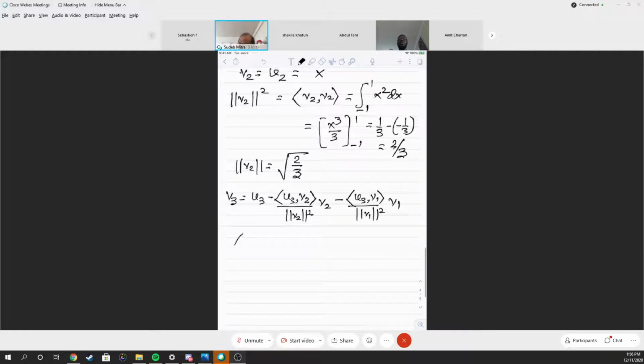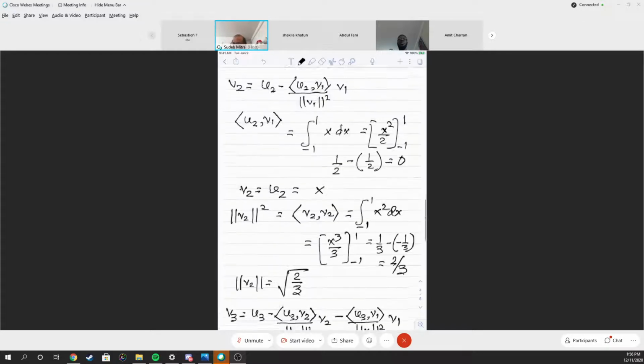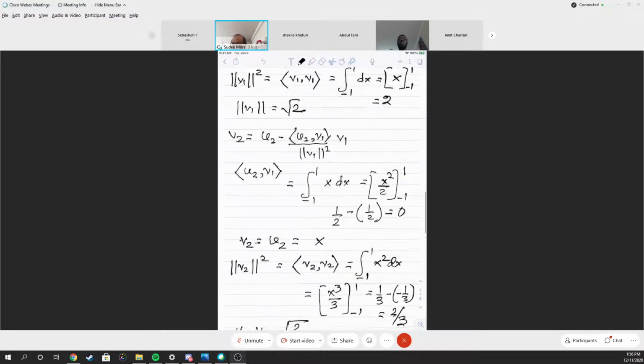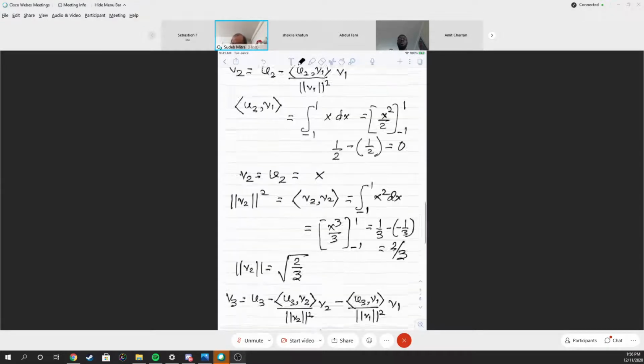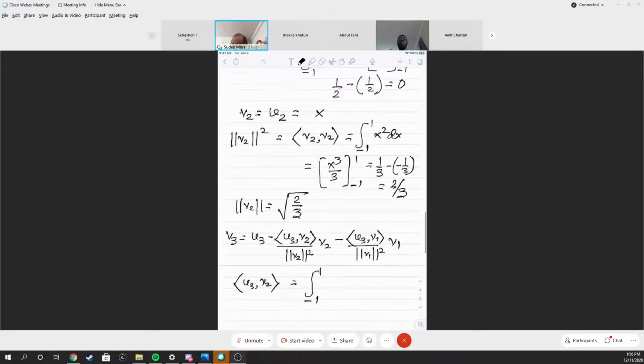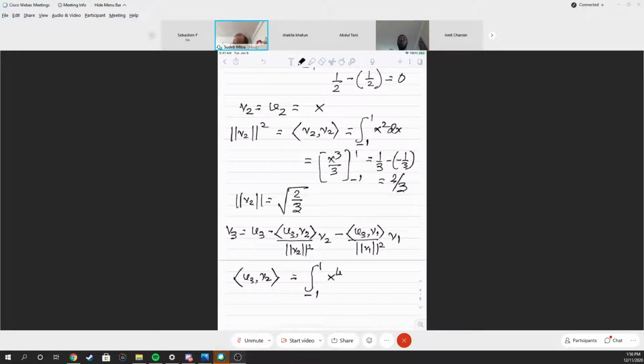So inner product u3 v2 is integral from minus 1 to 1 of u3 times v2. u3 is x squared and v2 is x, so x cubed.